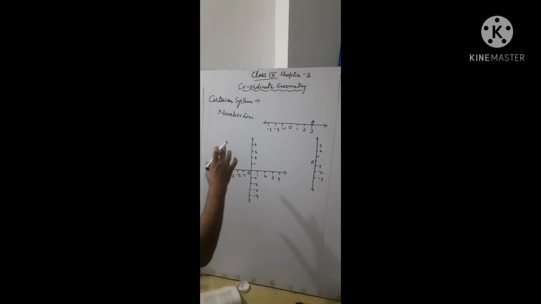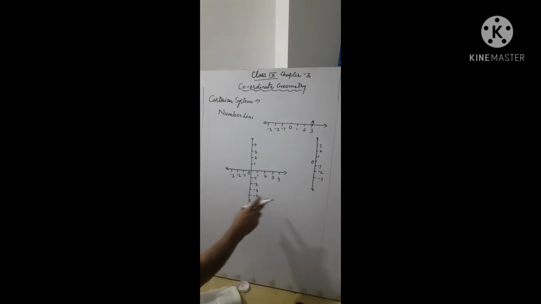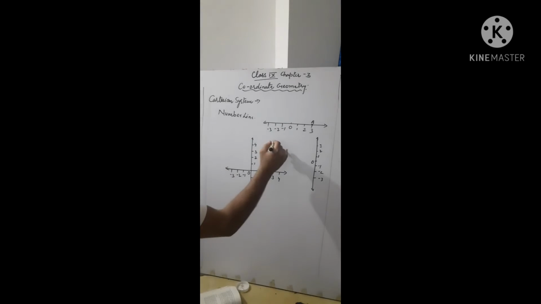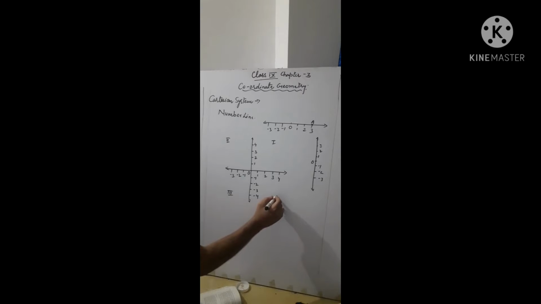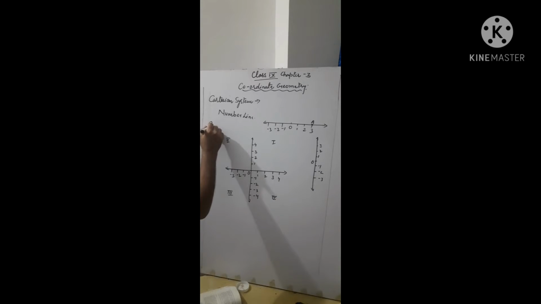Now this system, means a pair of number lines which are perpendicular to each other, divides this surface into 4 equal parts, and these equal parts are called quadrants.